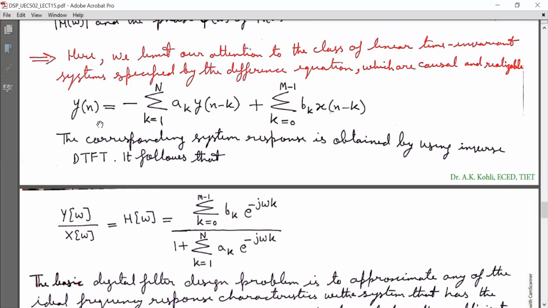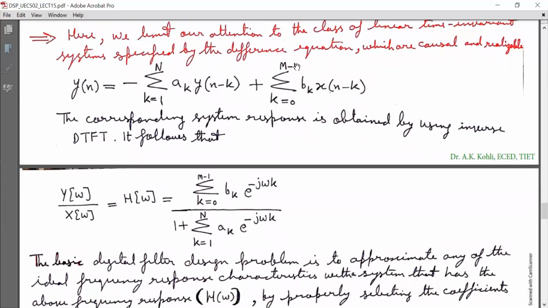The corresponding system response is obtained by using the inverse DTFT. It follows that, taking the DTFT of y(n), Y(ω) by X(ω) is equal to H(ω), and it is summation k from 0 to M minus 1 b_k e^(−jωk) divided by 1 plus summation k from 1 to N a_k e^(−jωk).